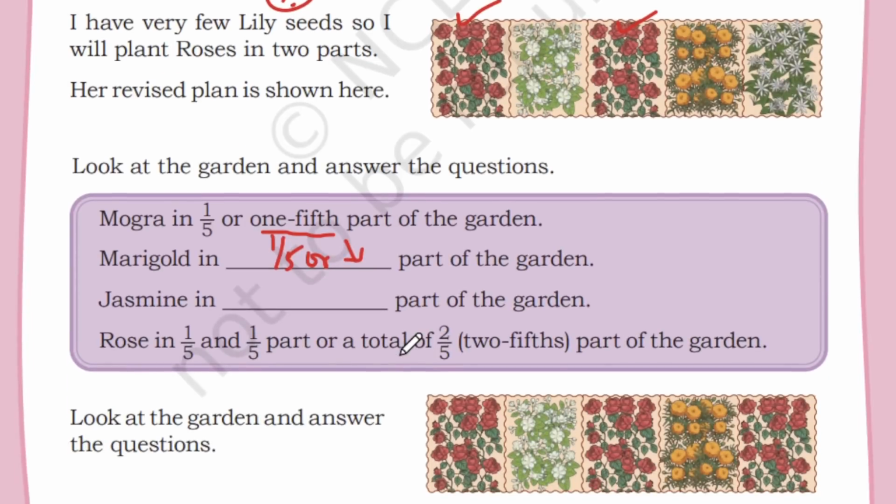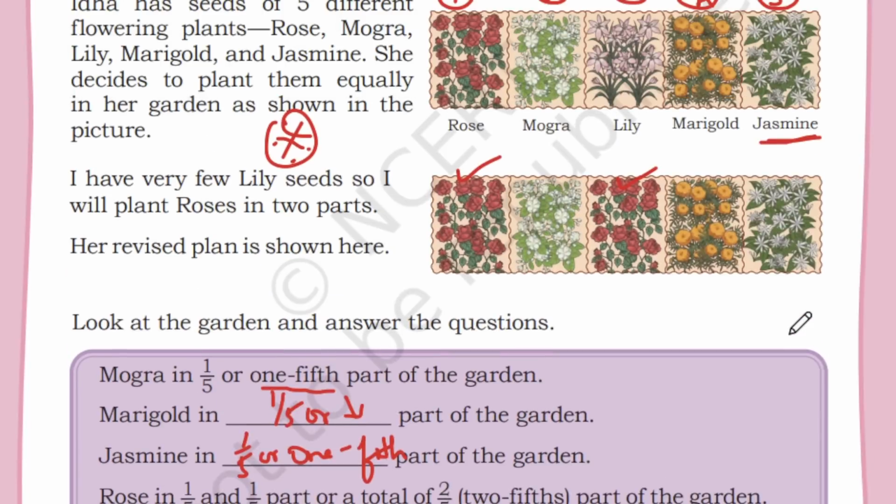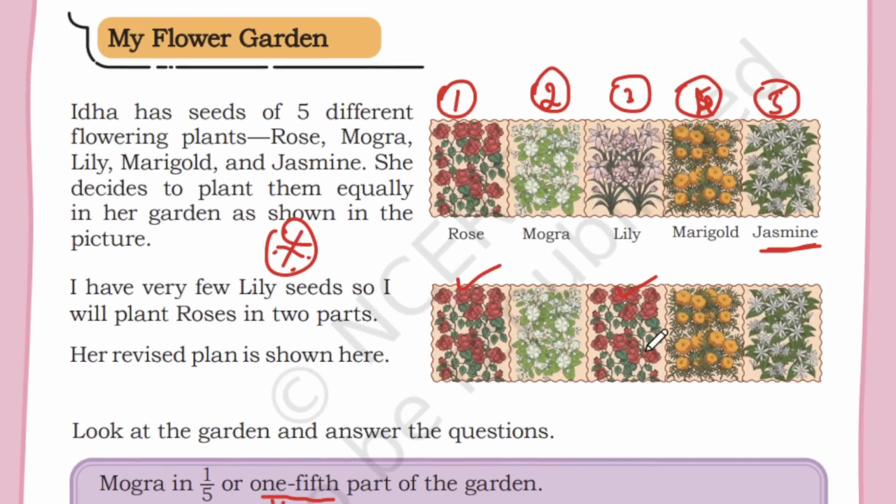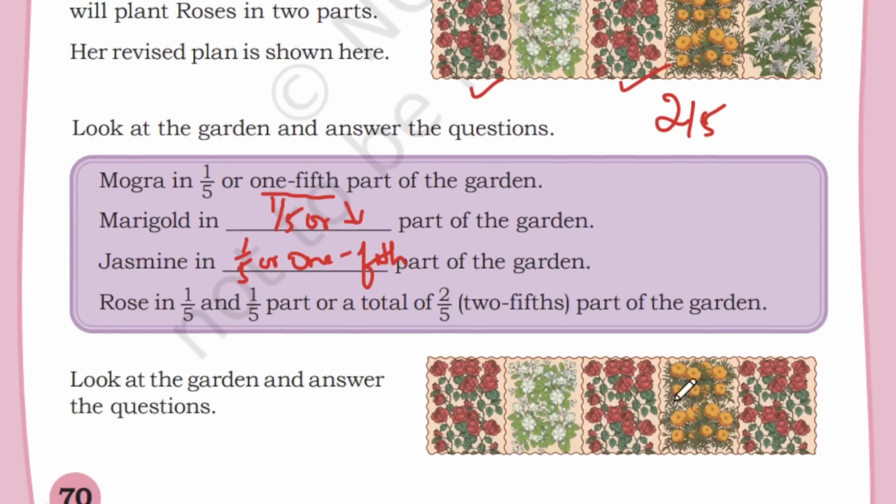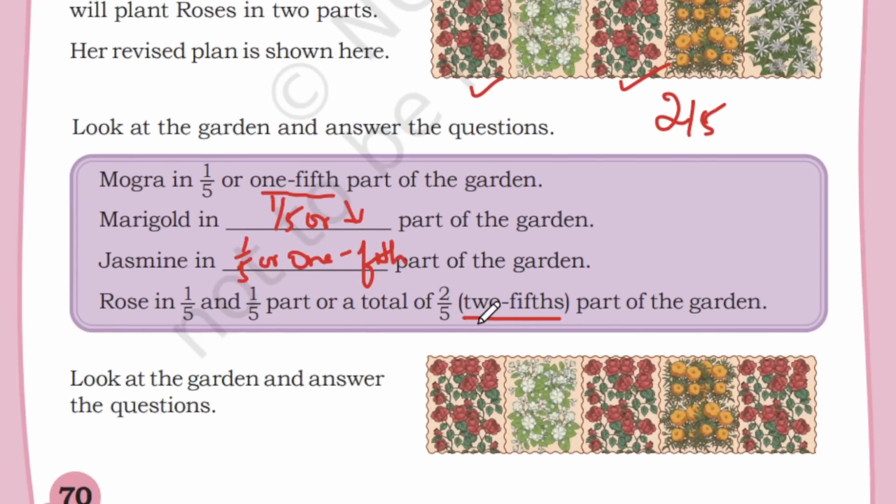Jasmine is also 1 by 5 part of the garden. Rose is 1/5 and 1/5 part of the garden, so 2 by 5, 2/5 part of the garden. So look at this picture. We have rose here and here also. It is 2 by 5 part of the garden.